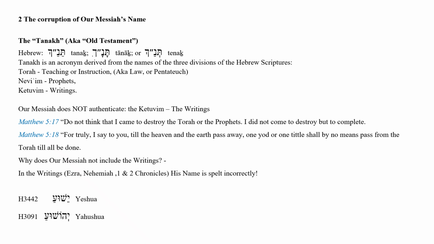I did not come to destroy, but to complete. For truly I say to you, till heaven and earth pass away, one yod or one tittle shall by no means pass from the Torah till all be done. Why does our Messiah not include the writings? Because in the writings his name is spelt incorrectly.